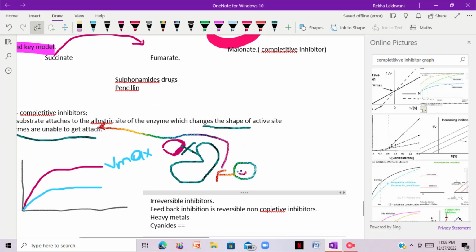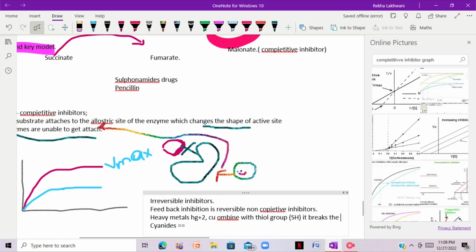So basically, these heavy metals combine with the thiol group, which is the SH group, and it breaks the disulfide bonding between the tertiary structure.